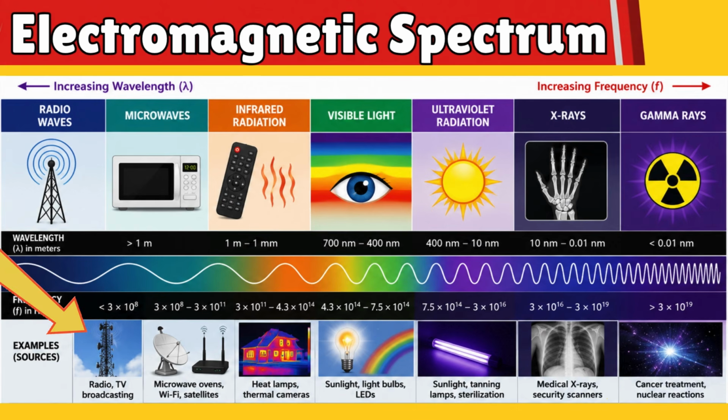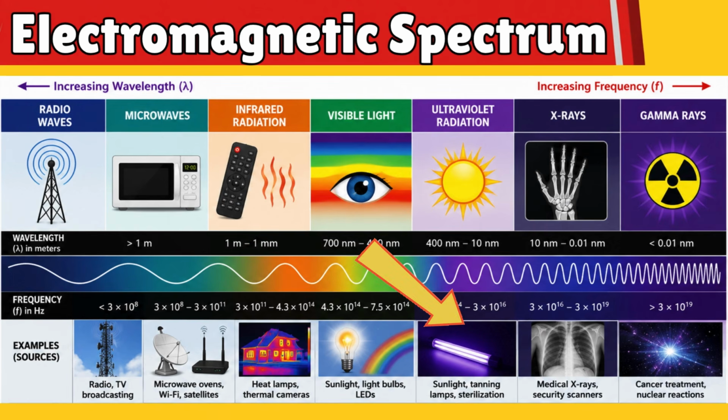So the different sources of these electromagnetic spectrums are, for radio waves, radio and TV broadcasting. For microwave, it's microwave ovens, and for infrared radiation, it is used in heat lamps and thermal cameras. For visible light, its sources are sunlight and light bulbs and LEDs.